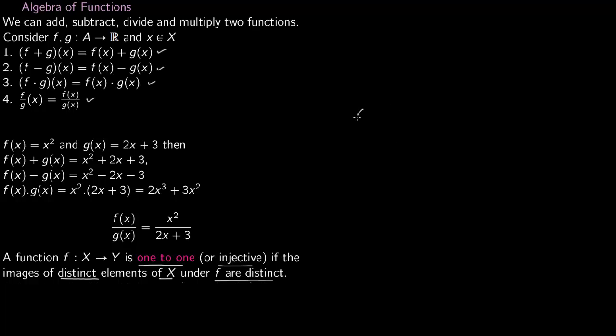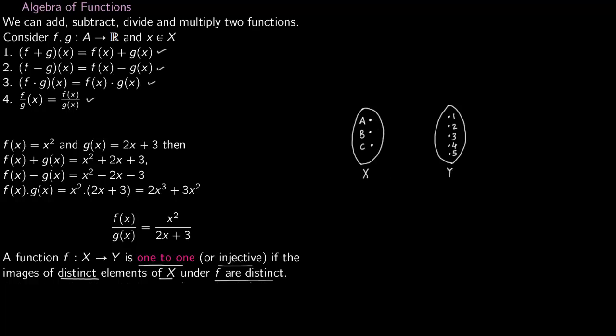So let us give an example. So say you have this X here and then you have Y here. And say you have elements a, b, c here, and you have 1, 2, 3, 4, 5 here.